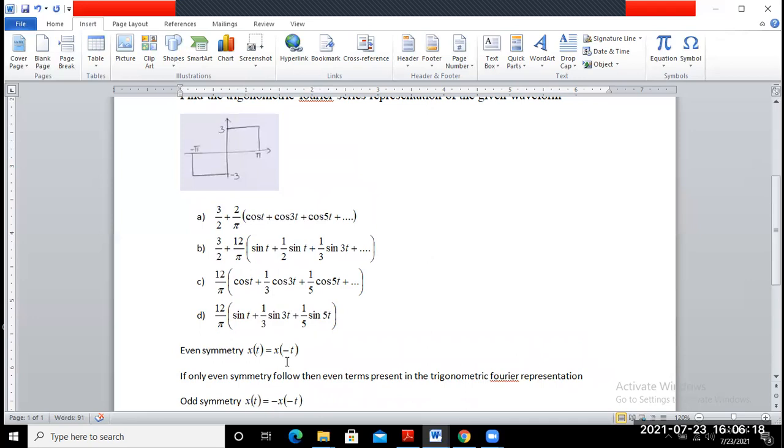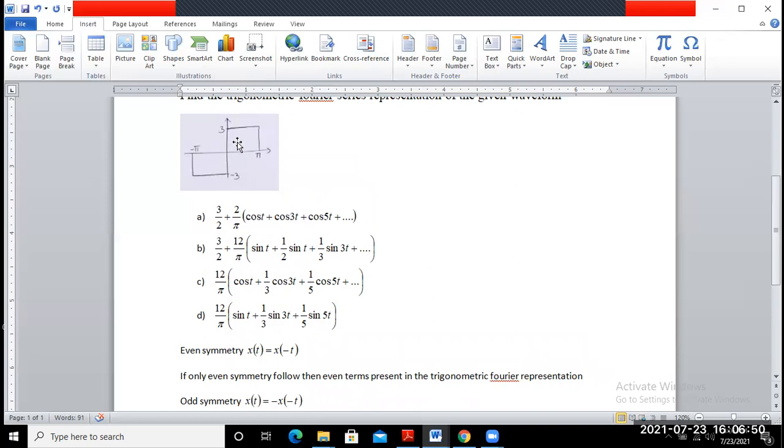One thing to highlight first: if the positive half of the time period of a waveform is similar to the next half, that means equal lengths of x(t) and x(minus t), then the constant term does not exist. Okay, so you may observe that this waveform follows this.